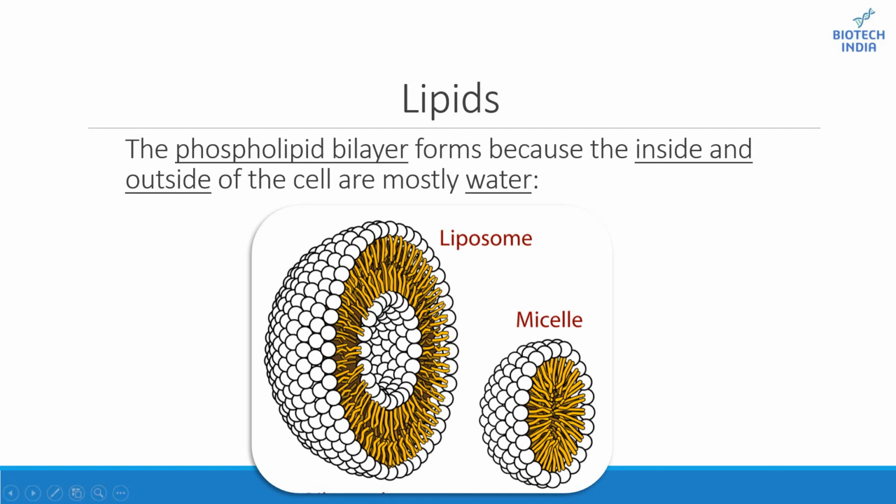So basically, they have a hydrophilic head which is outside and a hydrophobic tail which is inside. If the tails are small, they form a micelle, and if they are bulkier, they form a liposome, which is a hollow droplet of bilayer membrane.